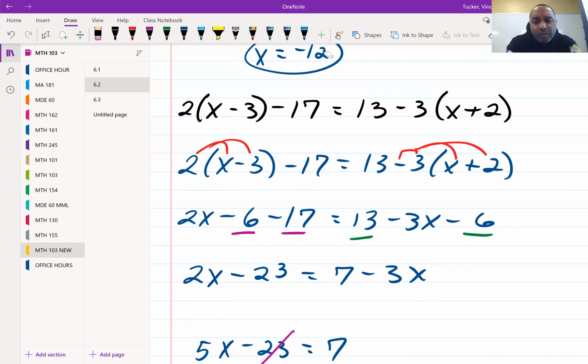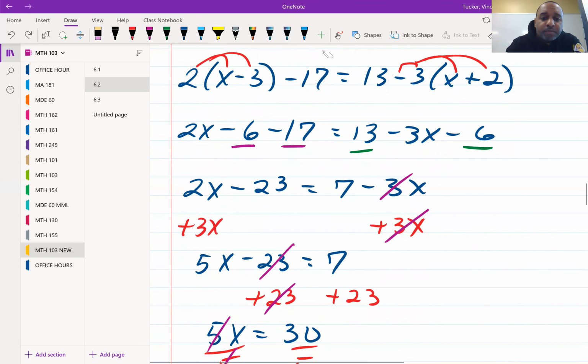Now, once again, we have more than one variable on different sides of our equation. Goal is to get all of your terms with x on one side, all the terms without x to the other. So I'm going to add 3x to both sides. That gives me 5x minus 23 equal to 7.